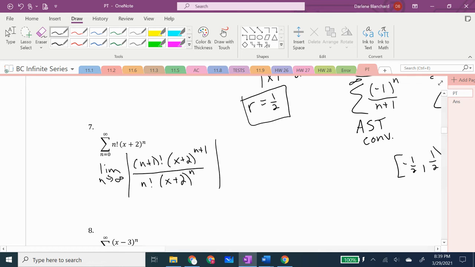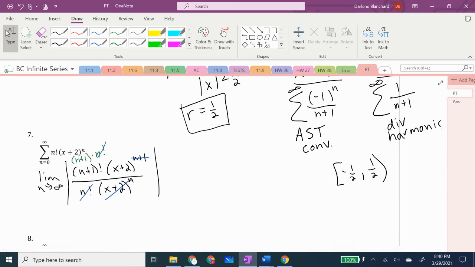Now, let's figure out what cancels and what doesn't cancel. The n plus 1 factorial is n plus 1 times, subtract 1, n, and then keep going. I will get a cancellation with those n factorials. I have one extra x plus 2 in the numerator than I have in the denominator.